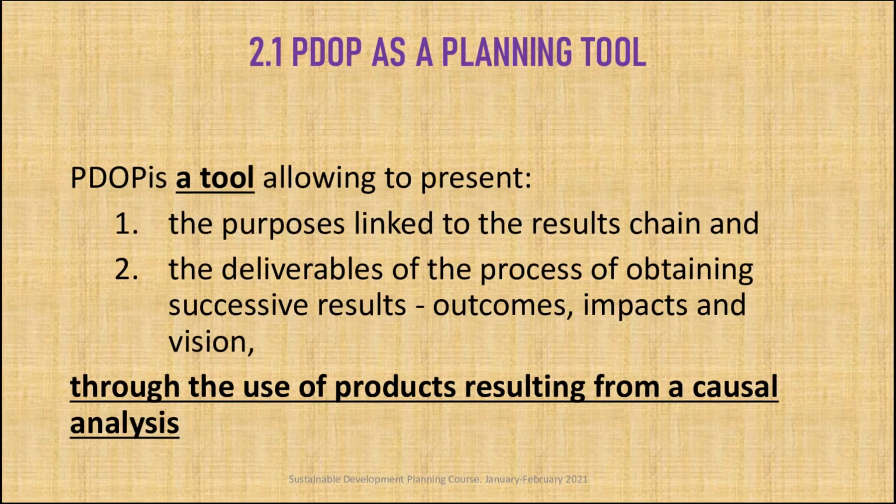PDOP as a planning tool. The PDOP is a tool allowing to present the purposes linked to the results chain, and second, the deliverables of the process of obtaining successive results, outcome, impact, and vision, through the use of products resulting from a causal analysis.